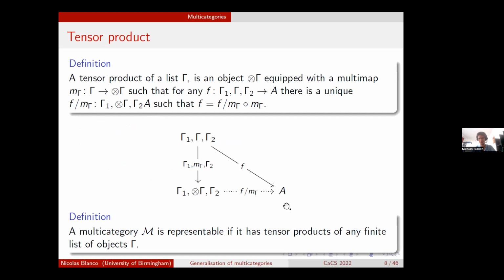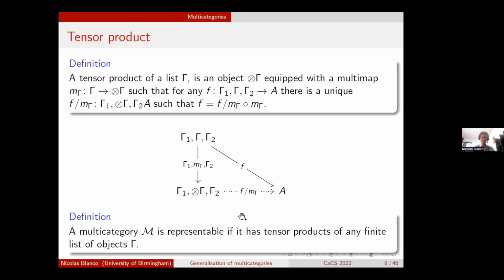So any multilinear map F can be linearized into a map from the tensor product of the input, and this in a unique way. Especially since this map is unique, the tensor product is defined uniquely up to unique isomorphism. So we don't have to talk about a tensor product of a list, but we can talk about the tensor product.